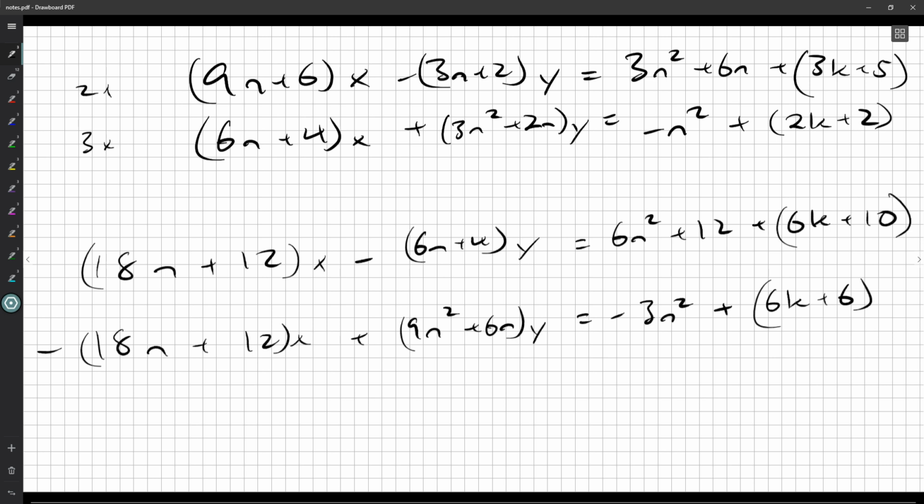So subtract that one from that one. We'll have a minus 9n squared, minus 6n, minus another 6n, minus 12n, minus 4y.